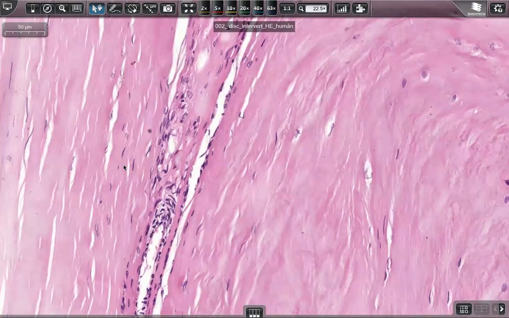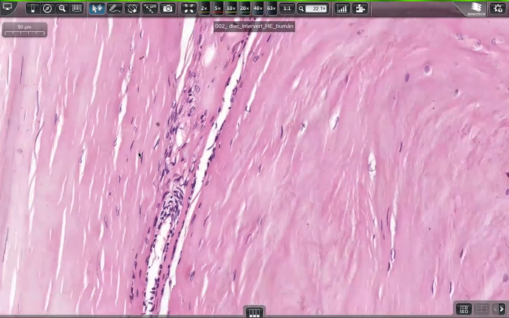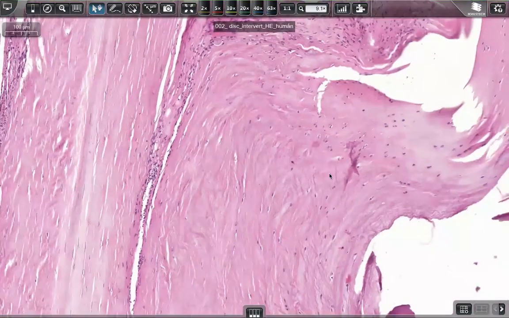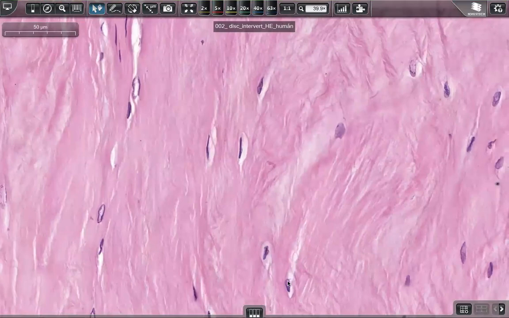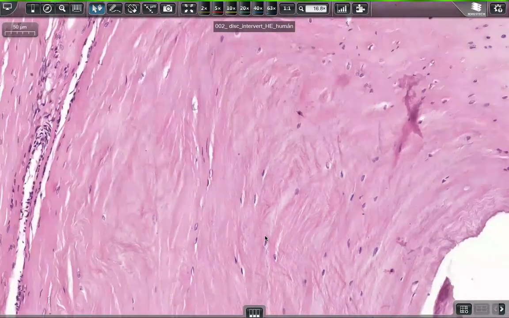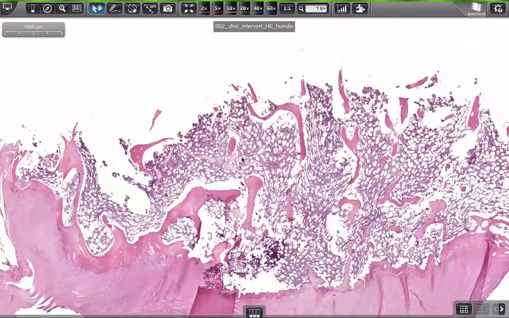So here we have the fibrocytes, the typical appearance of the fibrocytes. These are coarse collagen bundles. So this is a typical fibrous structure having fibrocytes. They produce the collagen fibers. So this is a connective tissue, but this area here, these are chondrocytes in the fibrocartilage.